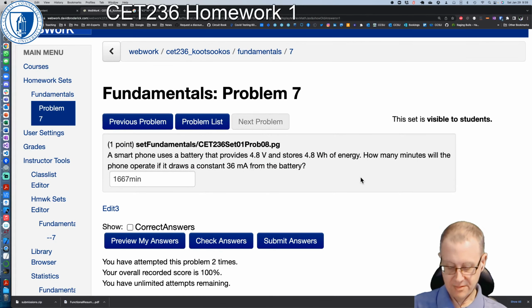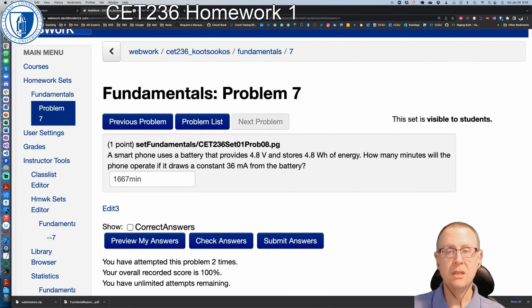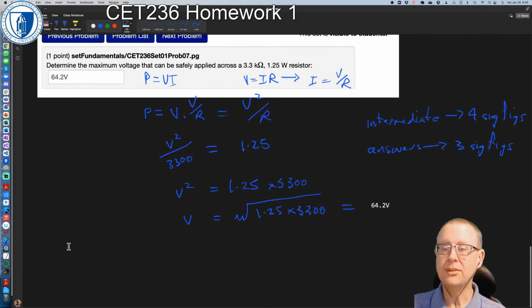Right, a smartphone uses a battery that provides 4.8 volts and stores 4.8 watt hours of energy. How many minutes will the phone operate if it draws a constant 36 milliamps from the battery? So now, again, it's a conversion problem.